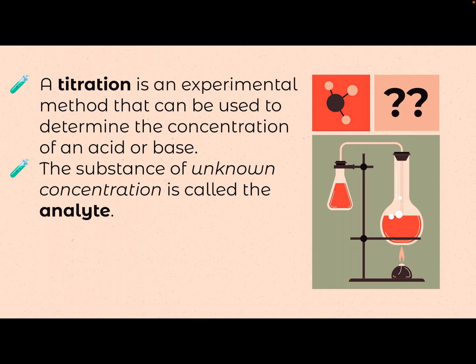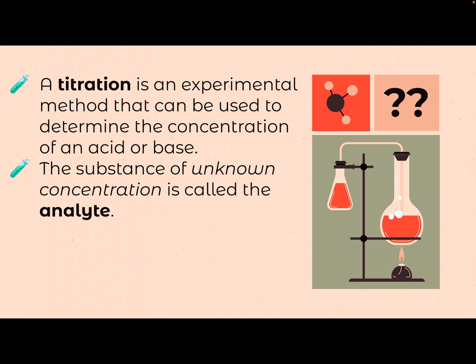So think about why those things might be important. If we know information about concentration, we know information about volume. How are those two things related together? Well, they're related by number of moles. In our labs, we're only going to work with strong acid, strong base titrations. Those are the easier ones. If you're continuing on to AP Chem, get excited because you're also going to learn how to do weak acid base titrations, which are quite a bit more complicated.